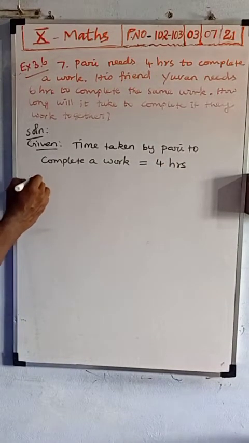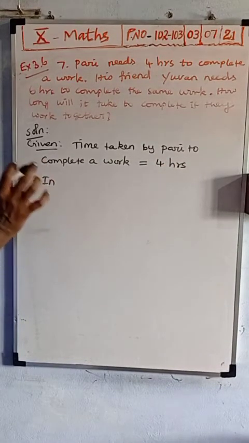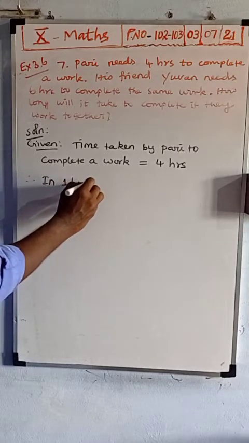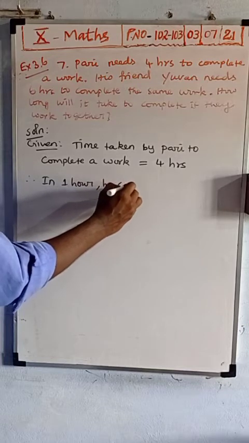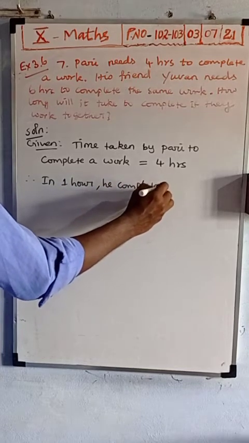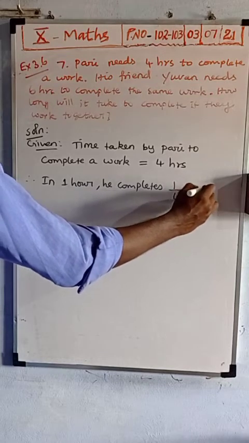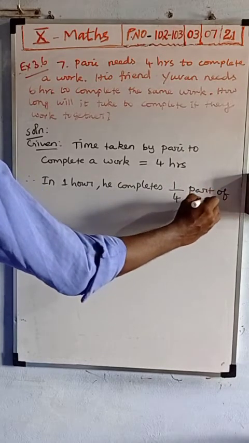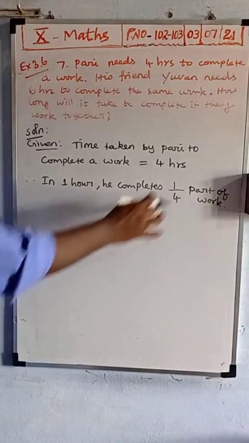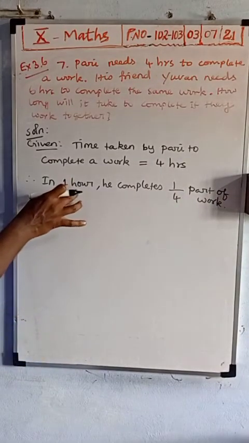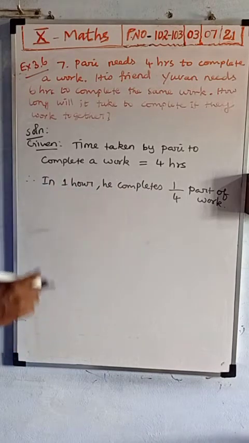Then suppose we choose 1 hour, in 1 hour he completes 1 by 4 part of work. Since work and time are given, hours we will take in fraction form. So in 1 hour he completes 1 by 4 part of work.